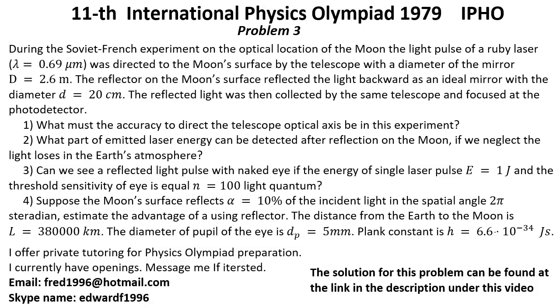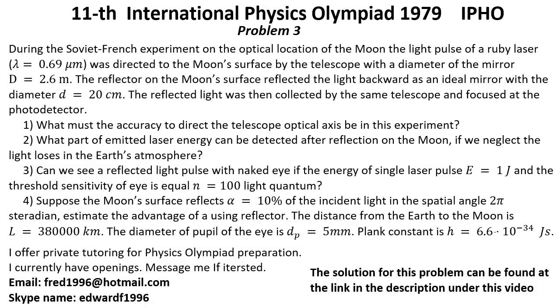Problem number 3. During the Soviet-French experiment on the optical location of the Moon, the light pulse of a ruby laser lambda equal 0.69 micrometer was directed to the Moon's surface by the telescope with the diameter of the mirror d equal 2.6 meters.